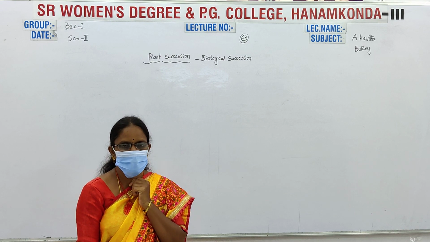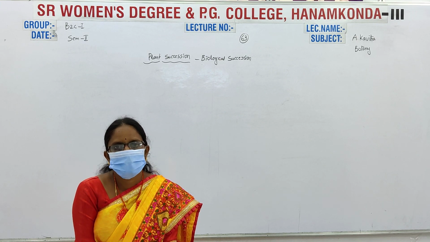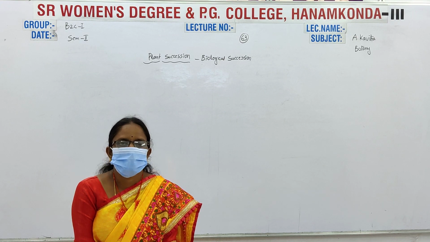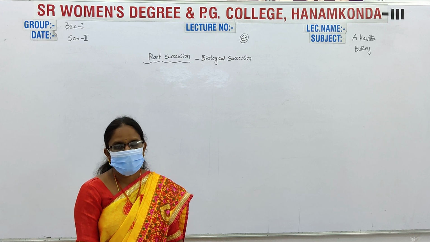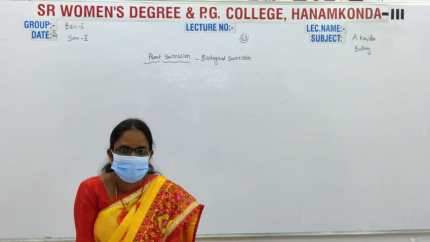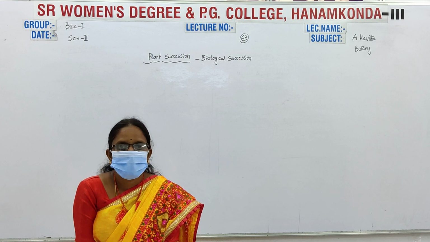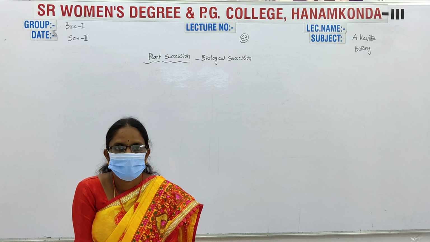In a particular place, for example dry soil, xerophytic, hydrophytic or normal soils, different types of plant communities are established in a particular area.